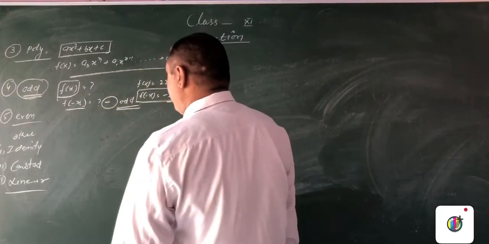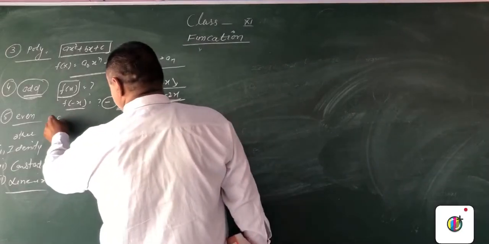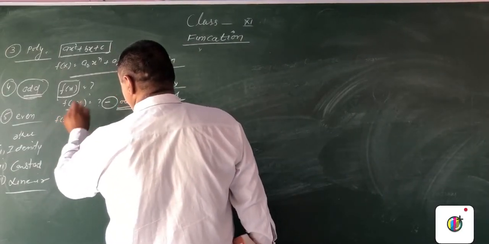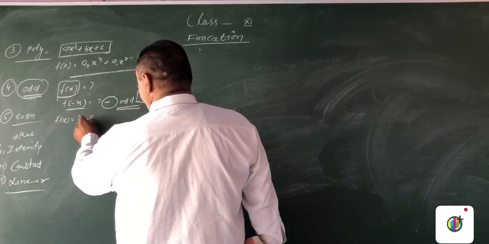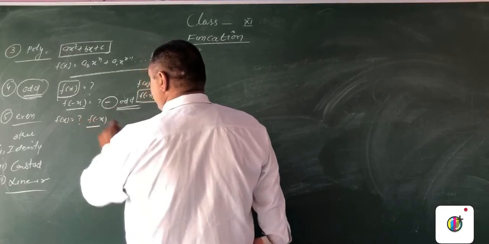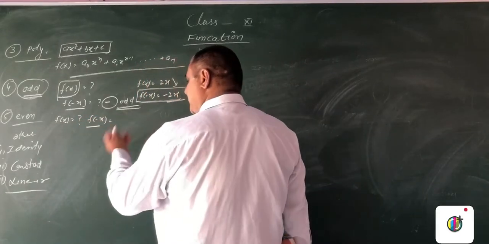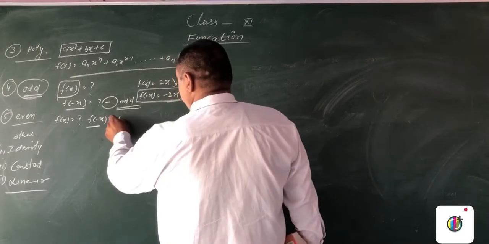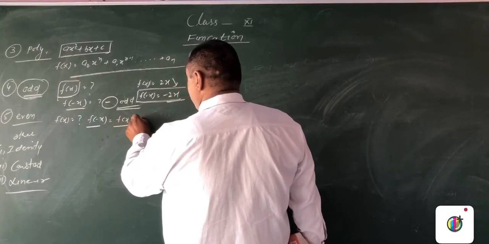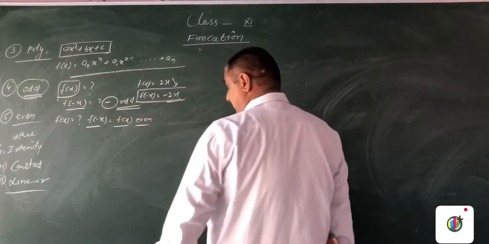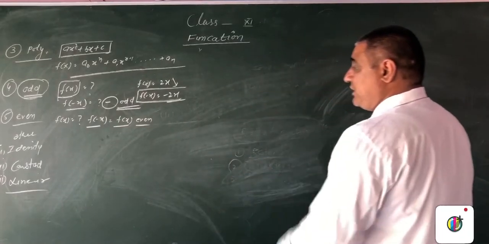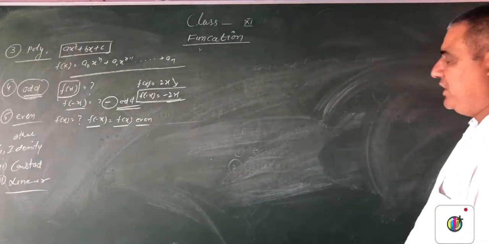And in even functions, f(x) is equal to any function. If we replace x with negative x and the value is the same, equal to f(x), that is called an even function. So these are some types of function.